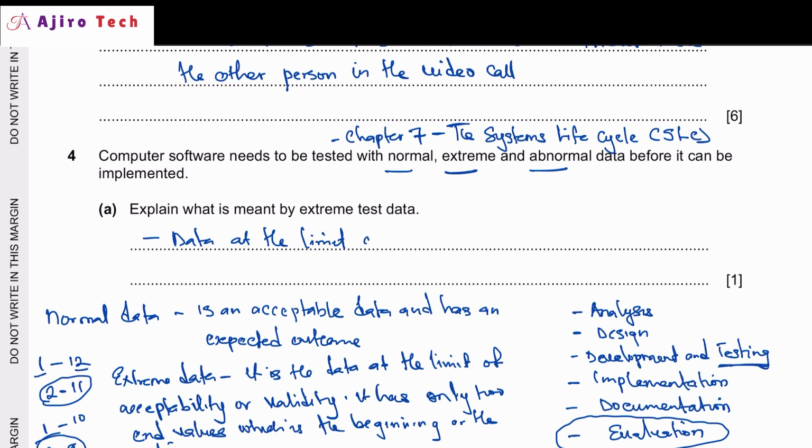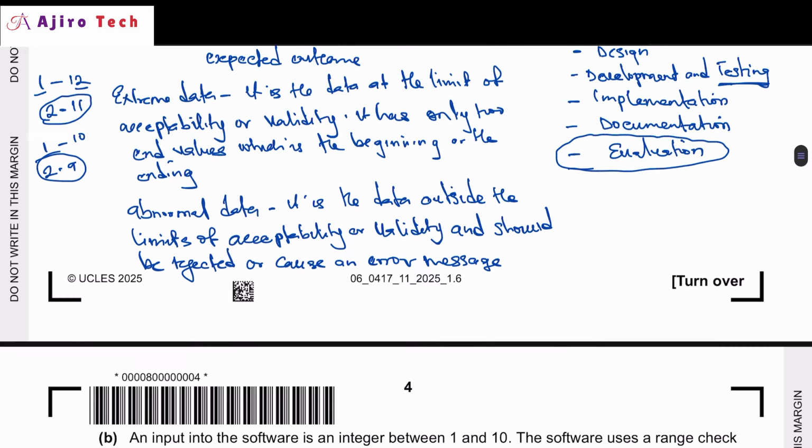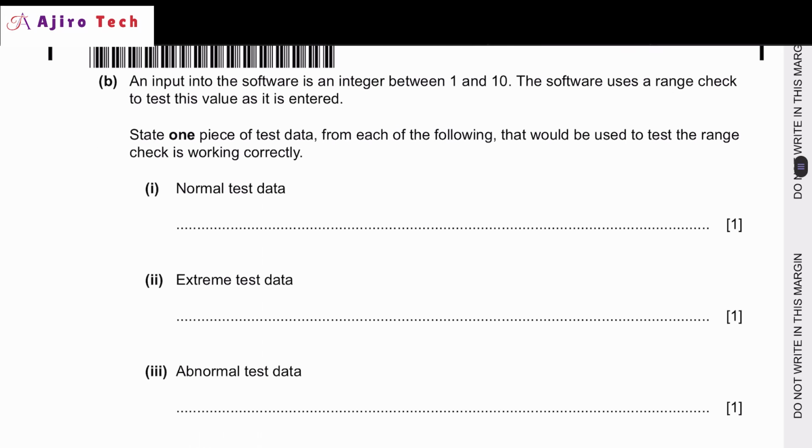Of what? Acceptability. Data at the limit of what? Acceptability. Okay, so that's what we have. Right? So that's what it means by extreme test data.